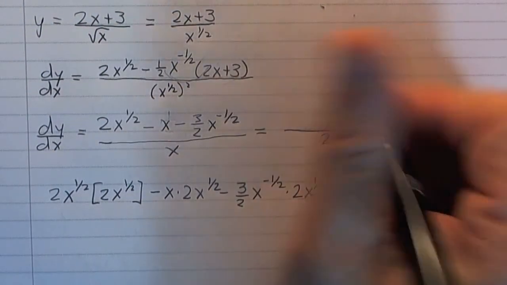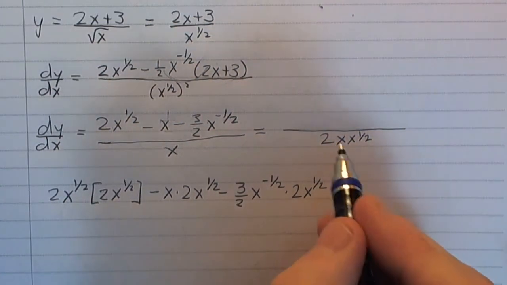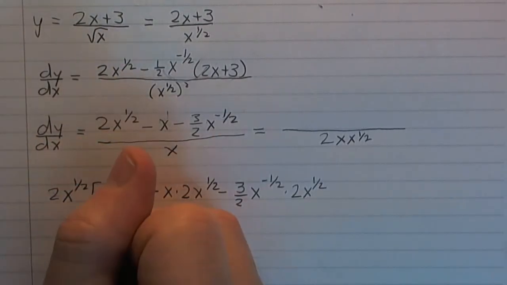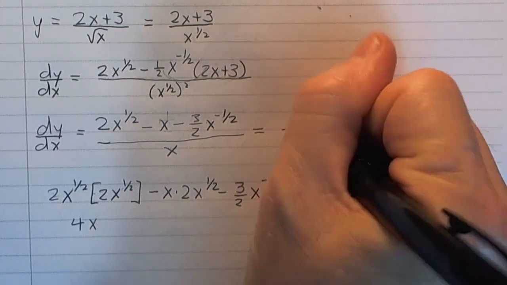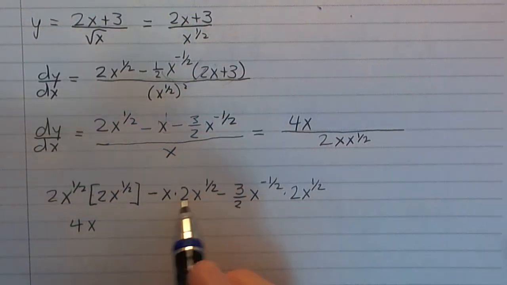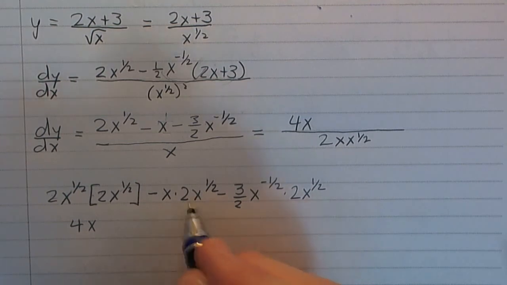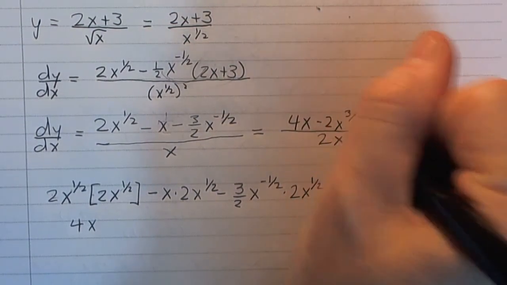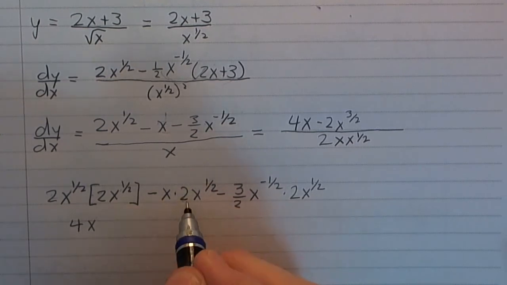Of course, when I multiply the bottom, I've already multiplied by 2 times x to the 1/2. So I multiplied the bottom by that. But let's see what happens up here. This is going to be 4x, right? X to the 1/2 times x to the 1/2, that's just x. Over here, I'm going to get just negative 2x to the 3/2, right? See? 1/2 and 1, 1 half and 2 halves, that's 3 halves.